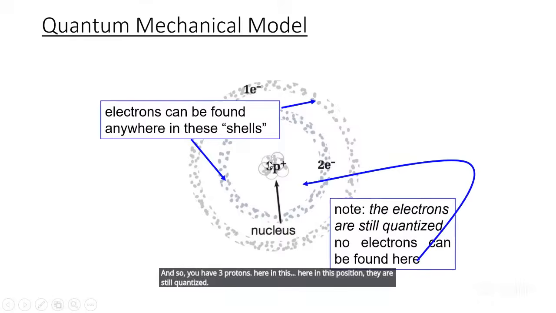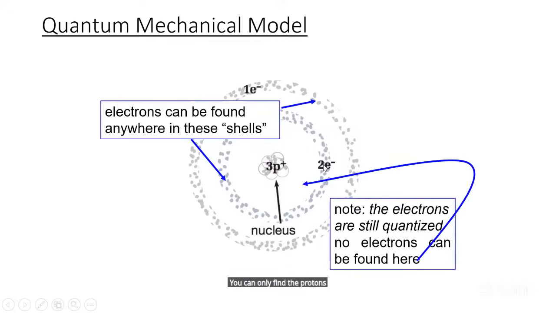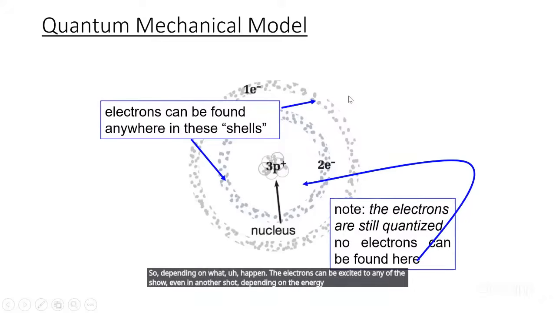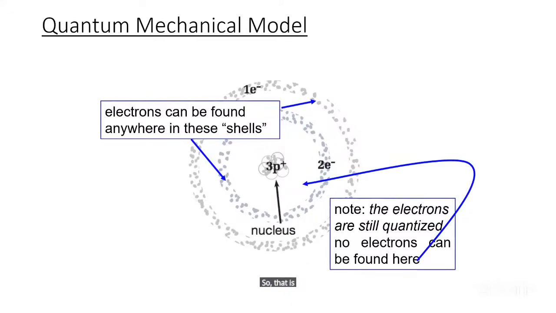You cannot find the electrons here, you can only find the protons. But you can find the electron in this shell, or in this shell. Depending on what happened, the electrons can be excited to any of the shells, depending on the energy acquired. If it acquires energy that will make it go from n equal to 1 to n equal to 4, it will go there. So that is where you can find your electrons.